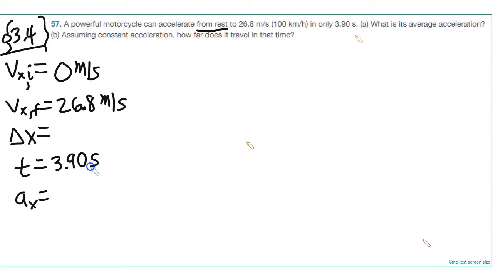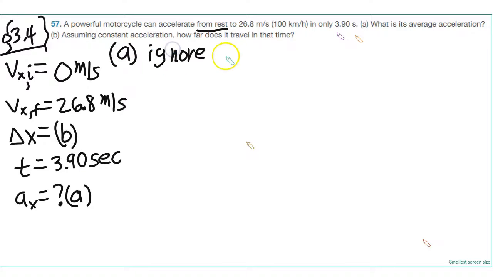We want to know what is the average acceleration. So this question mark right here is part A, the average acceleration. And then part B, it says how far does it travel in that time. So notice for part A, we're going to ignore the displacement, ignoring delta x.